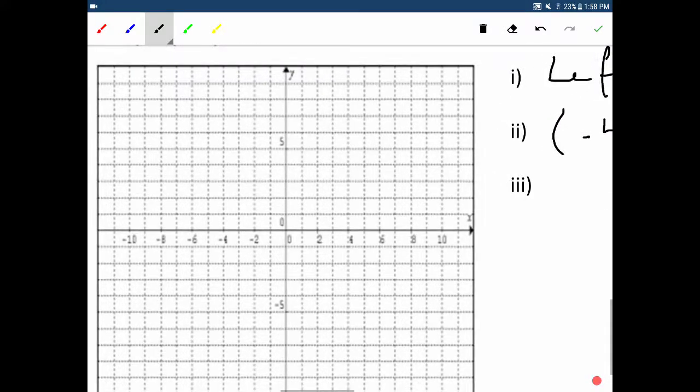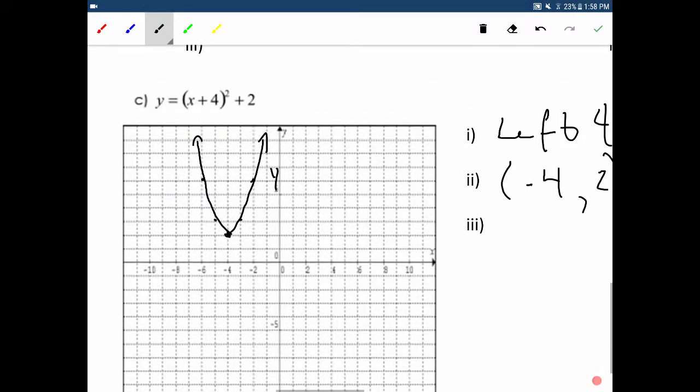Okay, so our vertex is going to be right there. And then we just plot our other points. And I will show you some tricks on how to quickly do those other points in a future lesson. But for now, you can just keep going back to that initial. It always helps to start with drawing your x squared. But anyway, so there's your y equals x plus 4 squared plus 2. Okay, and there we go.